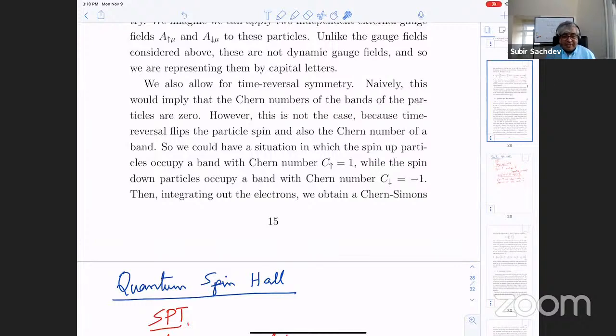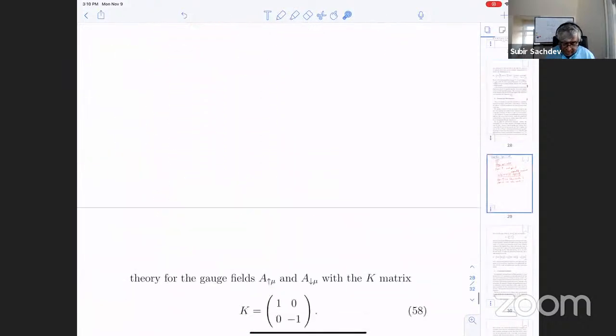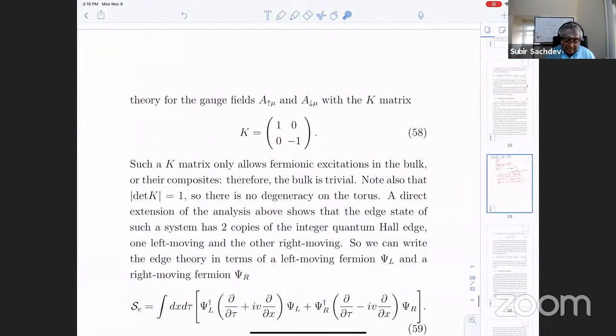And we also know how to describe the edge states using a Chern-Simons gauge theory. What we do is couple a gauge field to the particles, and then when you integrate out the particles, you get a Chern-Simons term for the gauge field. So here it's useful to couple a gauge field separately to the two particles. You have gauge fields A up mu and A down mu, which couple to the up and down spin particles respectively.